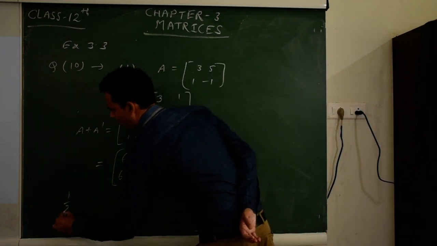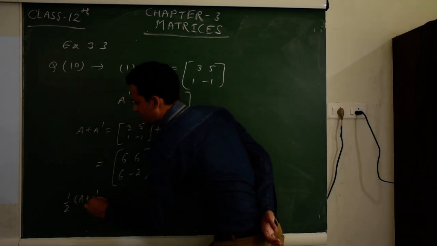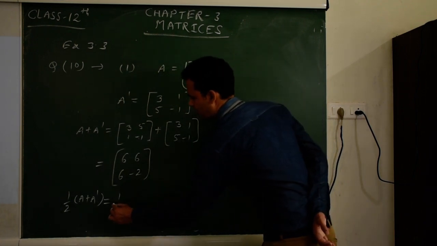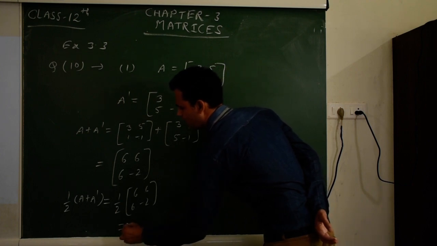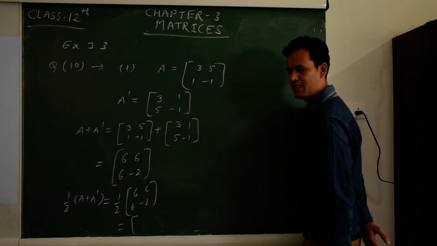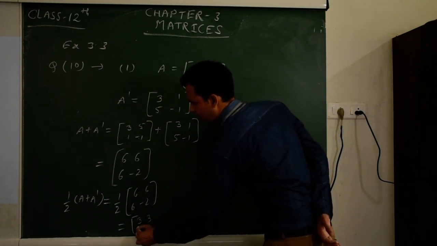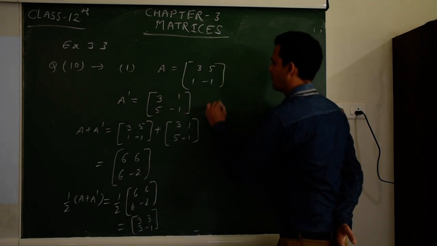Now 1 by 2 of A plus A dash is 1 by 2 of [6, 6; 6, -2], so it is [3, 3; 3, -1].